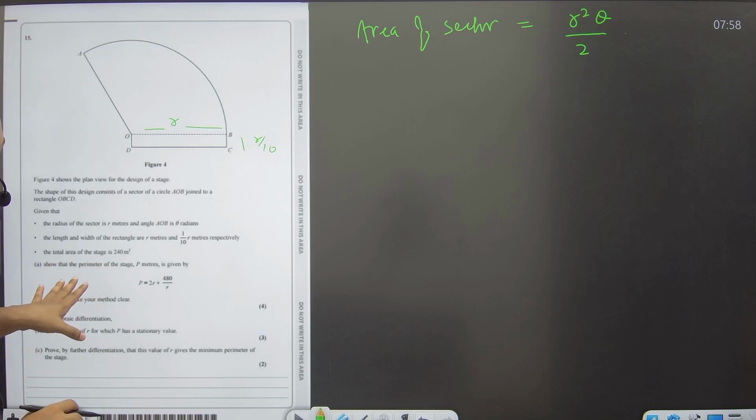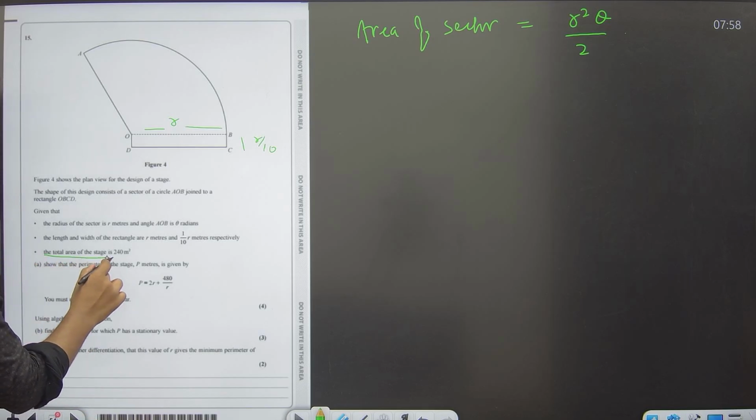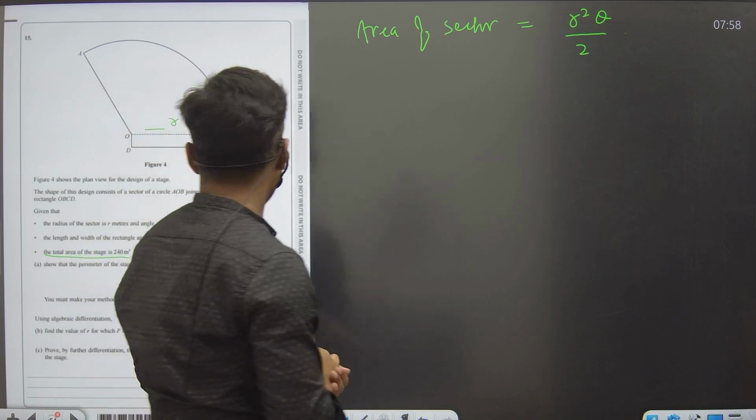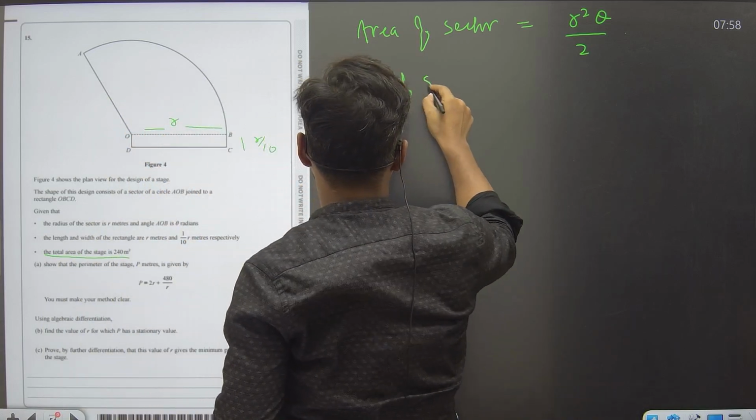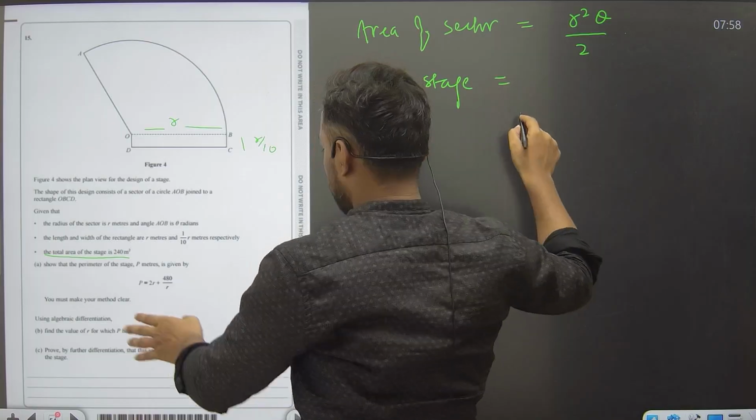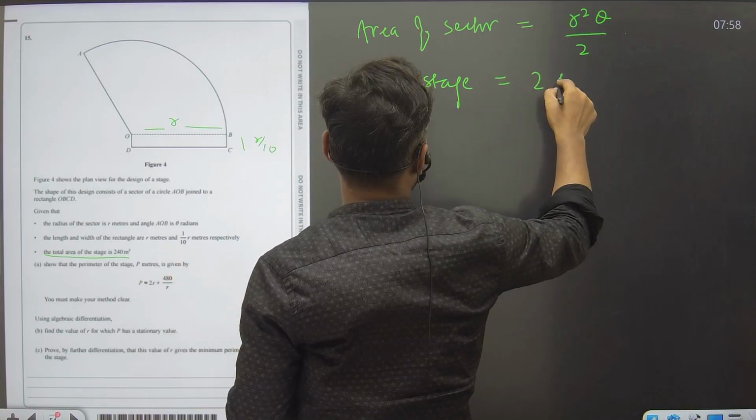First, they have told us that the total area of the stage is 240 square meters. So first we need to calculate the area of the stage. They have given us that it equals 240.